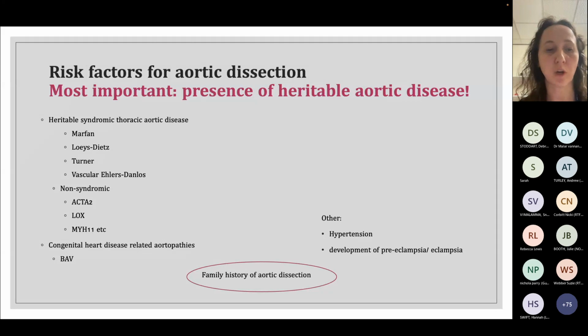And there are also congenital heart disease-related aortopathies, such as in patients with the bicuspid aortic valve. Other common risk factors are hypertension, development of the preeclampsia and eclampsia, and importantly, family history of aortic dissection.